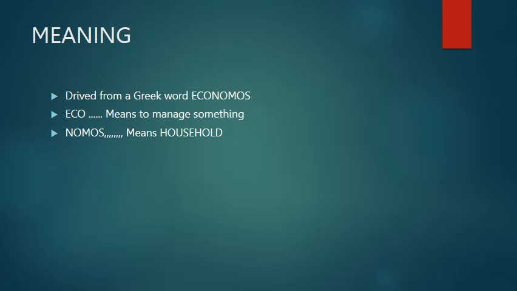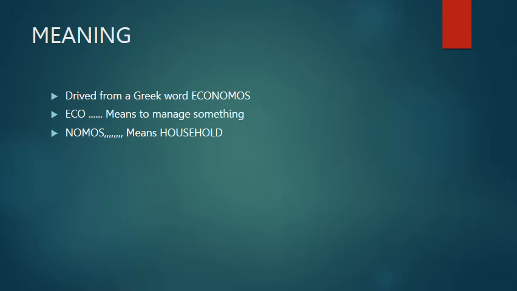If you throw them in without any proper management, it means you carry out the work, but you do not manage the work. To manage means to carry out any task in a proper way, in the way in which it has to be carried out. And the other part of the word, nomos, means household.